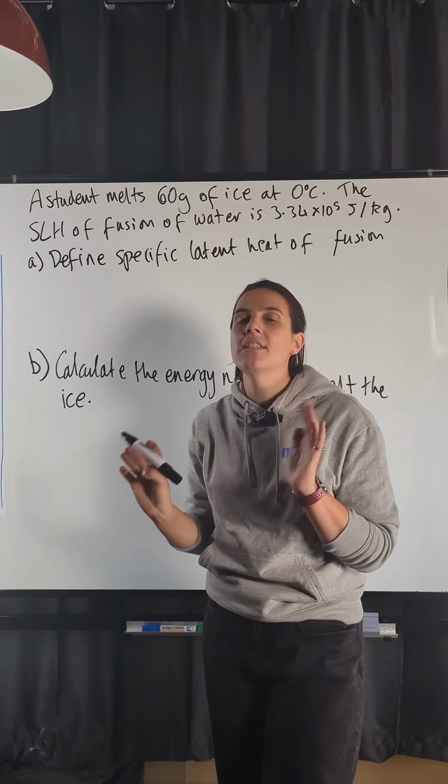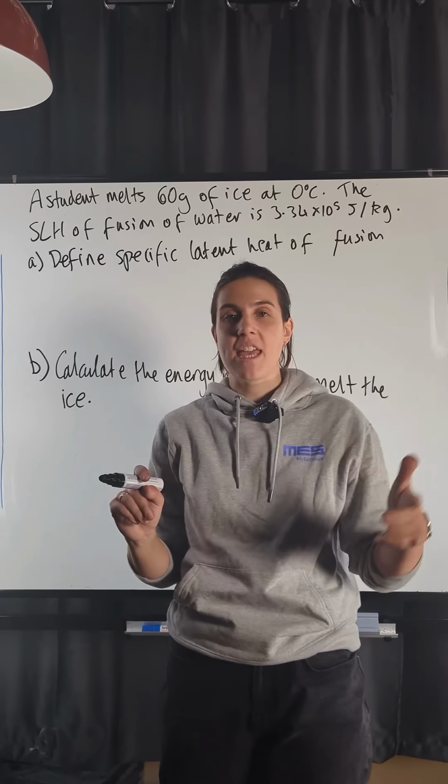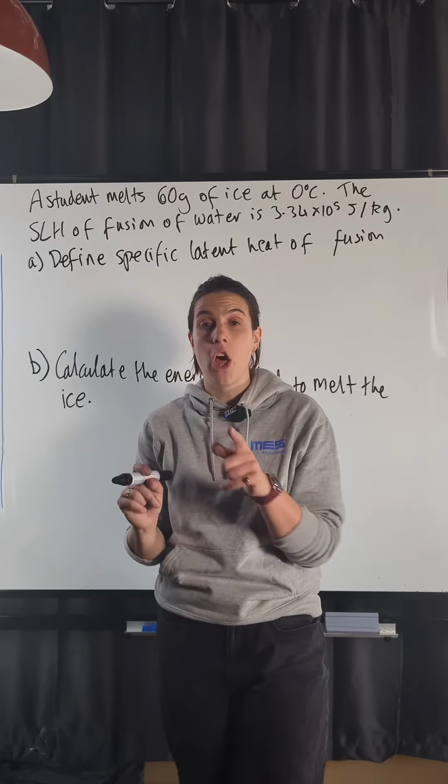I have never seen an exam paper that hasn't got at least the definition of specific latent heat or specific heat capacity. So make sure these are definitions that you learn and know.